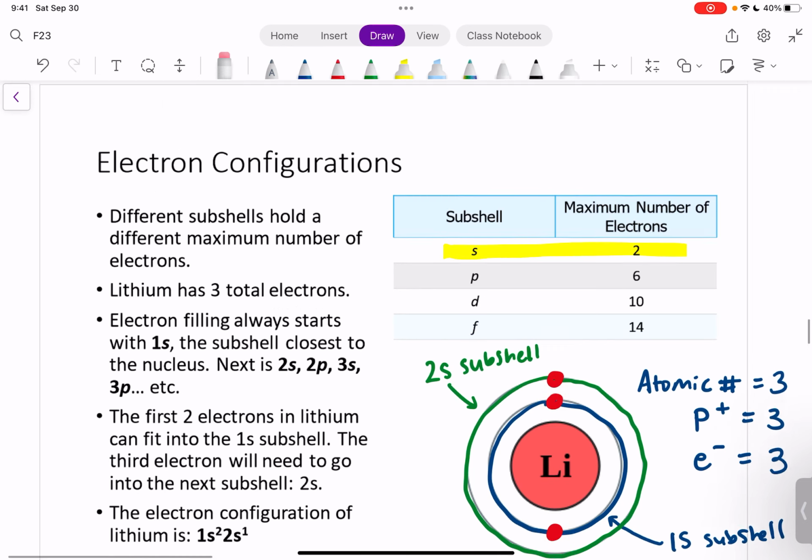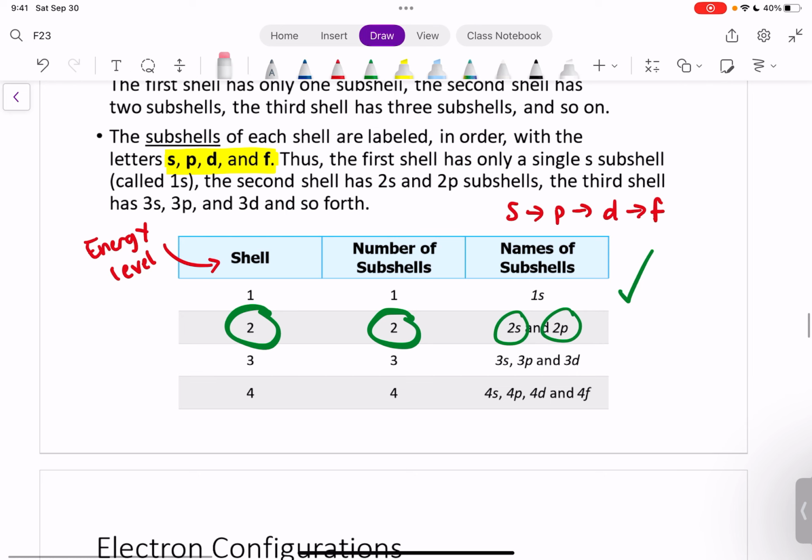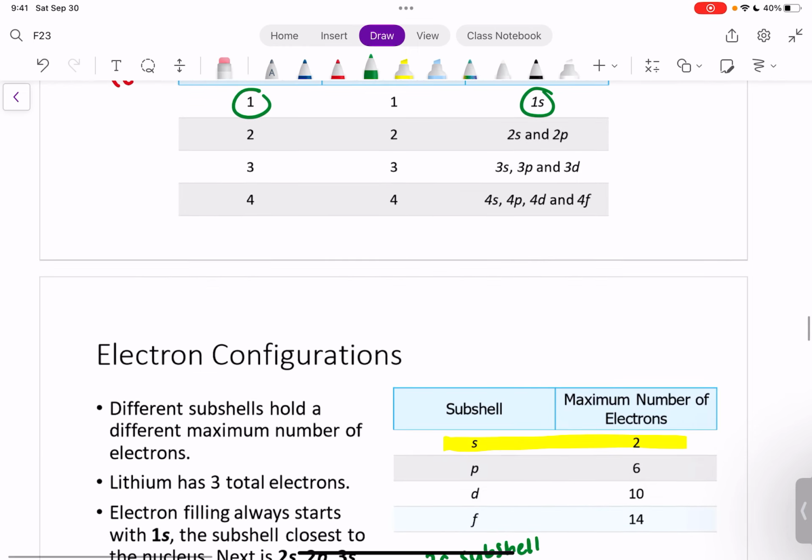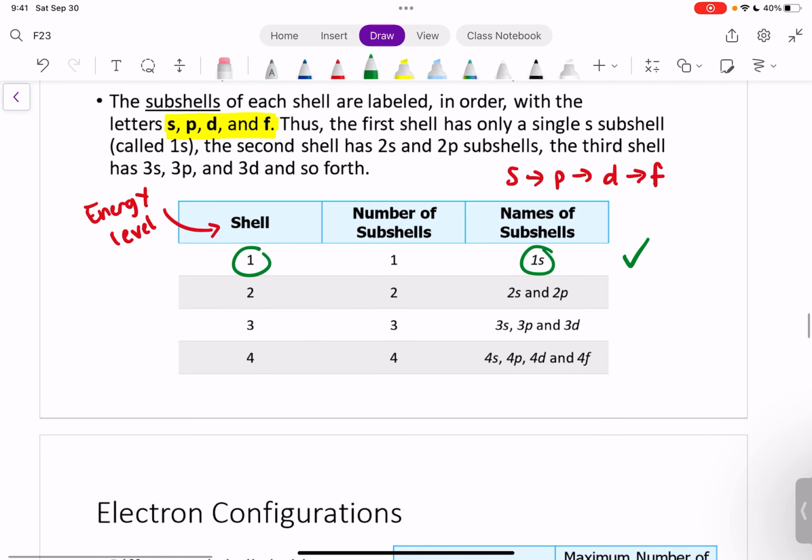All right, so looking back up here, we said lithium makes it through this first shell, and it fills its 1s subshell with 2 electrons, which is the total amount that the s subshell can hold. So we fill that. And now we look at our next one for lithium. Our next energy level or shell is 2, and it can hold 2s and 2p subshells.